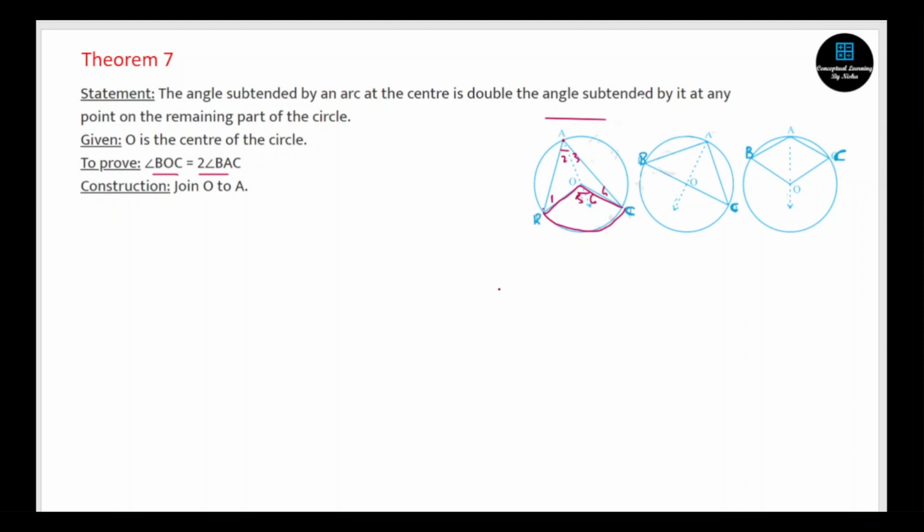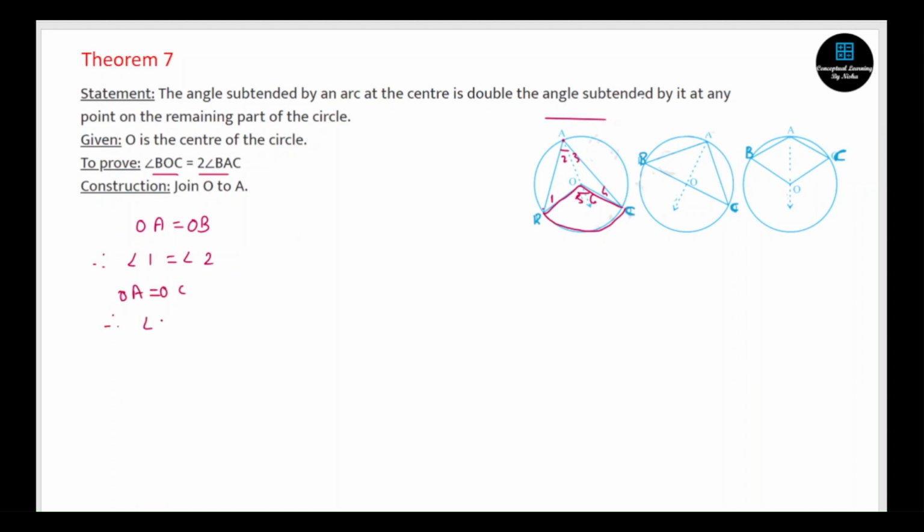Now see, this is going to be super easy to prove. What can I say about 1 and 2? See, OA is equal to OB. Therefore, angle 1 equals angle 2. Can I say that? Angles opposite equal sides are equal. Same way, what can I say? OA equals OC.